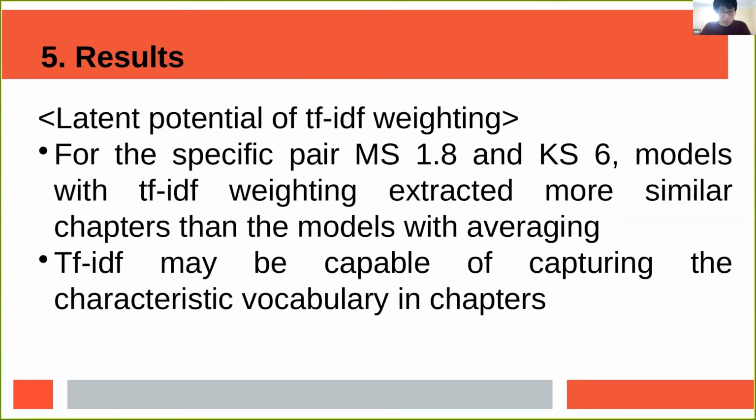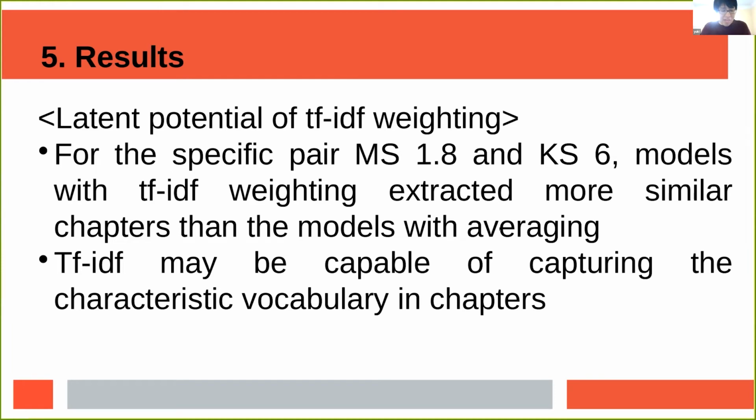On the whole, as you saw, the simple average works better than TF-IDF weighting. However, Amano-san pointed out that, for the specific pair MS 1.8 and KS6, the models with TF-IDF weighting extracted more similar chapters than the models with averaging.